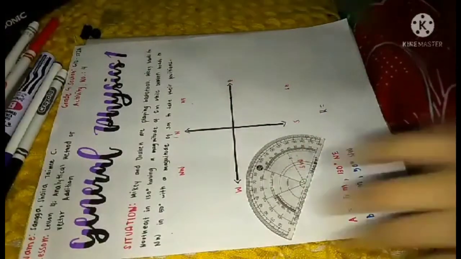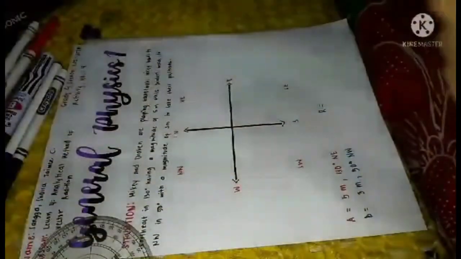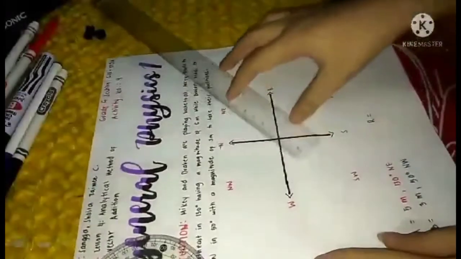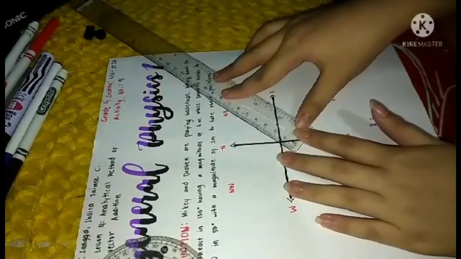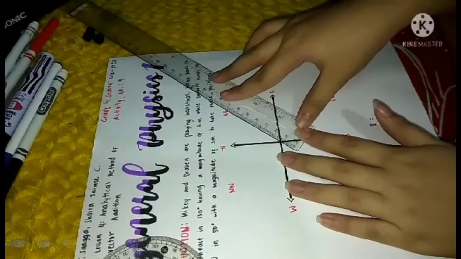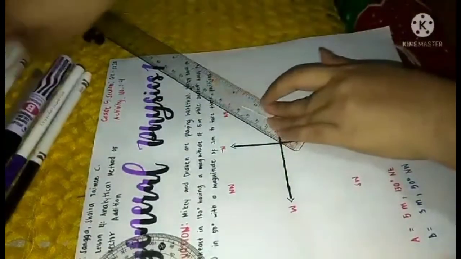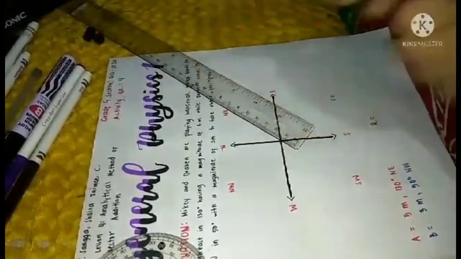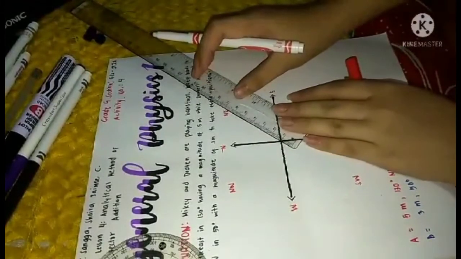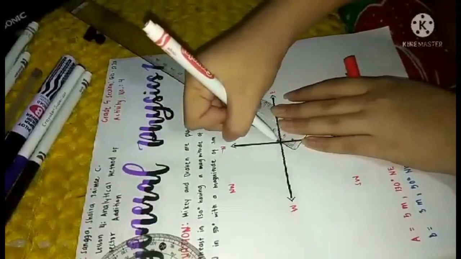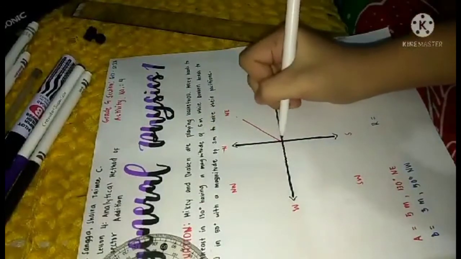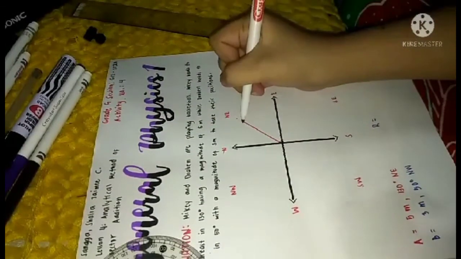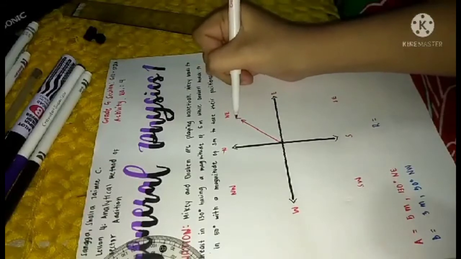Then, ruler. 4, 5. So here, this is for A.